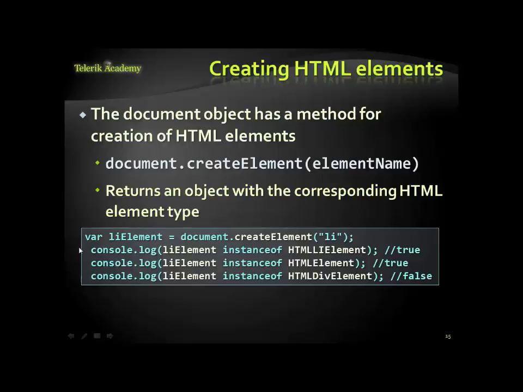So we can see here that if we're creating an element of type list item, we saw last time the method instanceof that tells us what kind of object this is, and we see that it's an HTML list item element, and it also returns HTML element, which is the higher base class of it. But if we check, for example, if it's a HTML div element, it will return false, naturally.